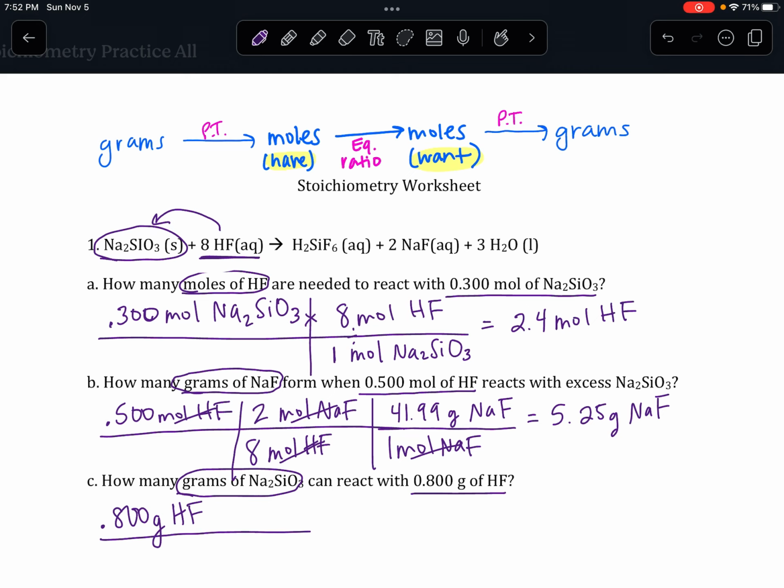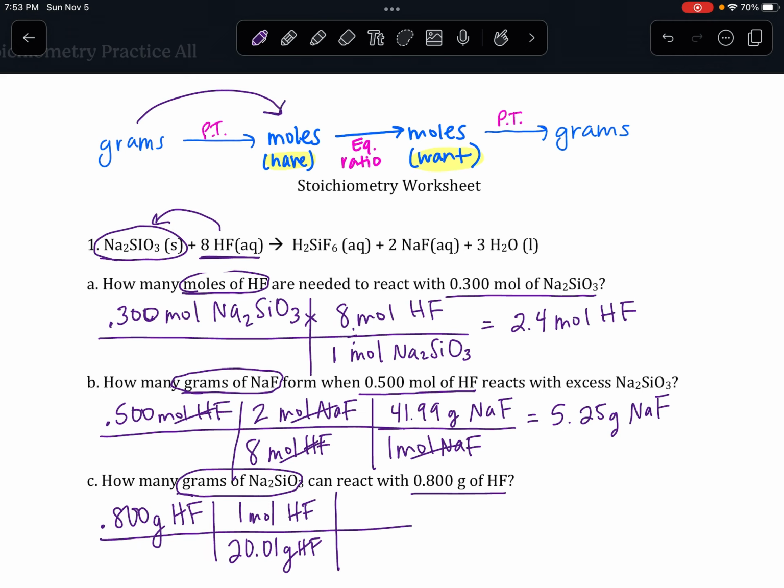If I have grams on the top, I know that I need grams on the bottom. If I add up hydrogen and fluorine, I end up with 20.01 grams, and I know that that's always equal to 1 mole. My molar mass is always grams in 1 mole. So I just went from here to here.